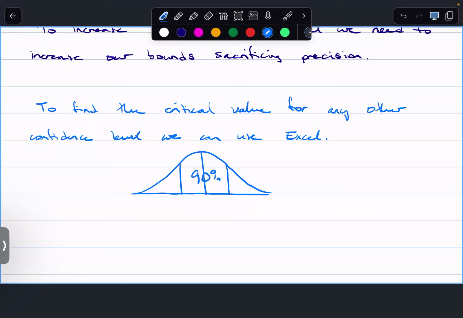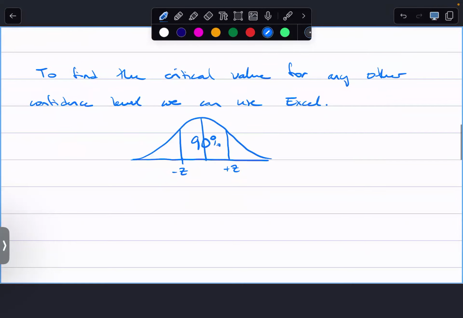Then you want to find what negative z makes this happen and what positive z makes that happen. This z is going to be the critical value, and we often denote it z star, so I'm going to put a little star there.